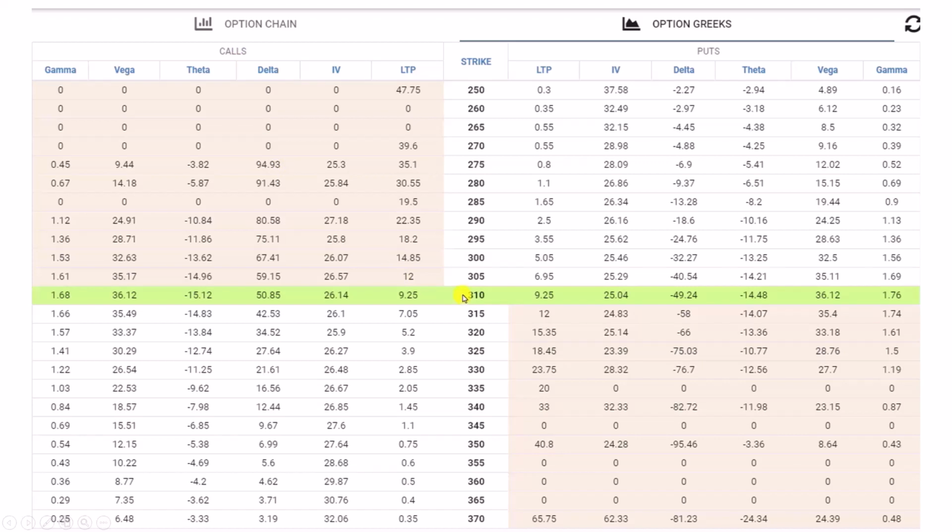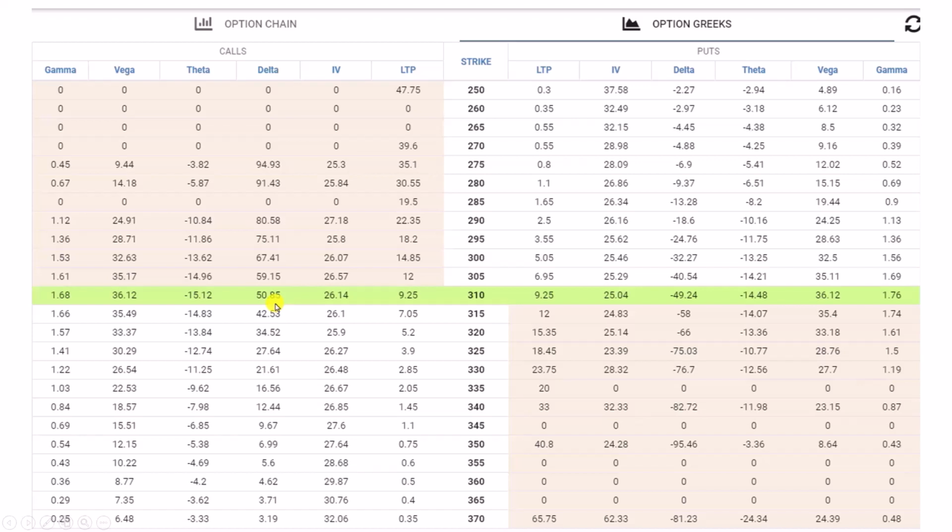Let us say that I buy 310 call option. Okay, strike price of this. Now this tells me how much the premium will change if the stock price or spot price of stock increases by 1 rupee.